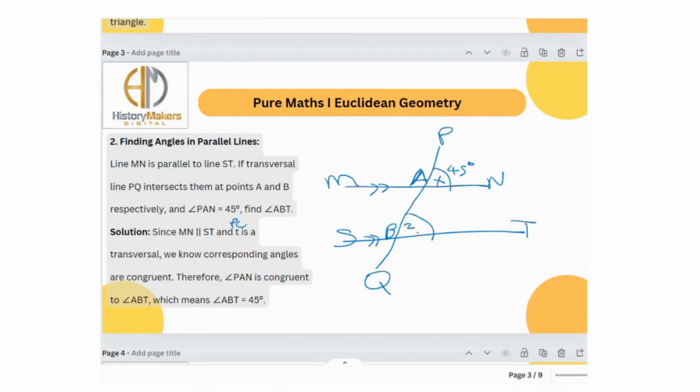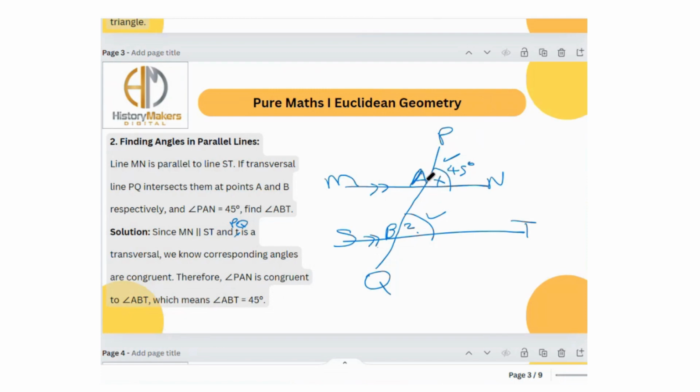PQ is a transversal. We know corresponding angles are congruent. Therefore, corresponding angles, remember we learned that, corresponding angles. Therefore, angle PAN is congruent to angle ABT.